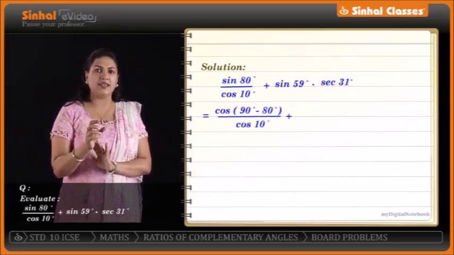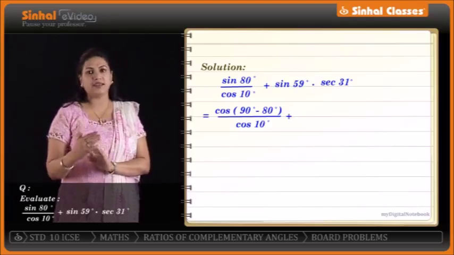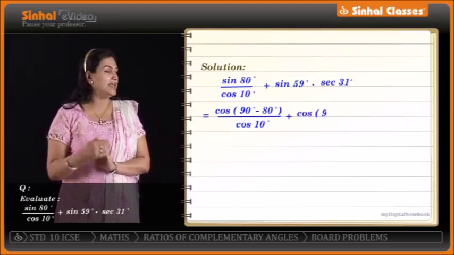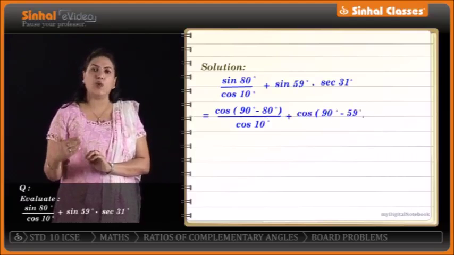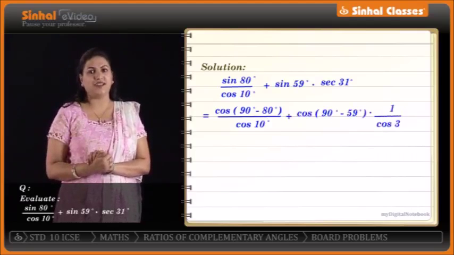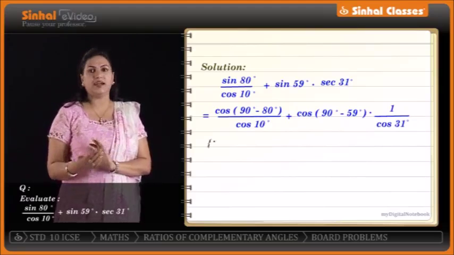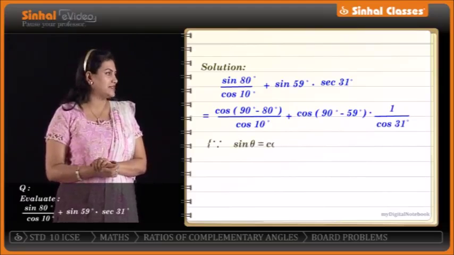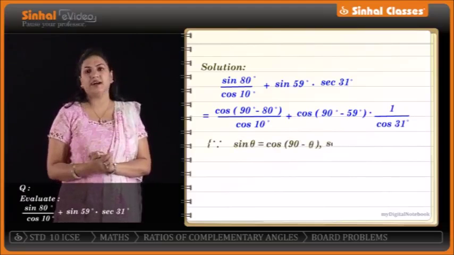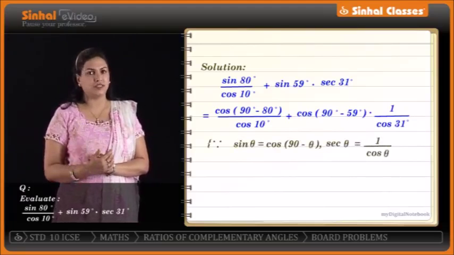So we write sine as cos 90 minus 59, and we write sec as 1 upon cos 31. This has been possible because sine theta is cos 90 minus theta and sec theta is 1 upon cos theta.